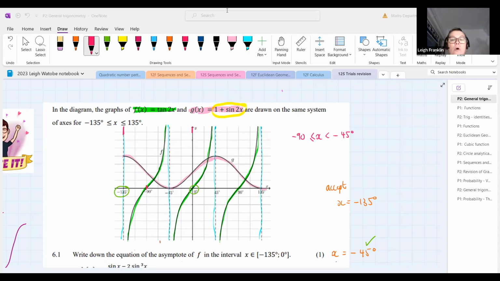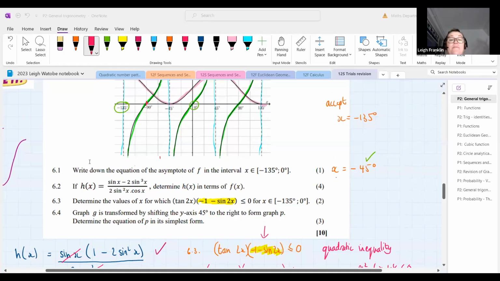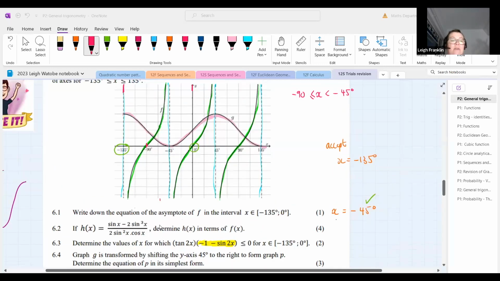Okay. All right, so this is definitely a lot more difficult sort of question. It would have been better for us to obviously do it when we were doing the others, but I just wanted to go through that with you. All right, question 6.4 is something that I've seen asked a couple of times. They've told us here that graph G is transformed.